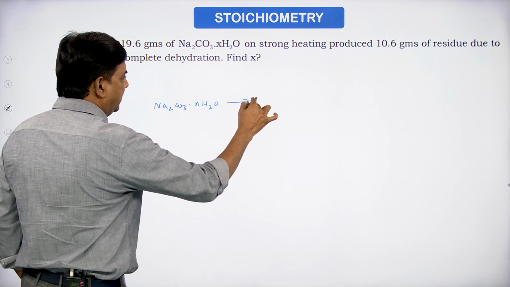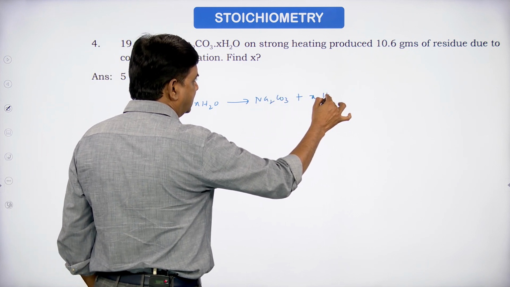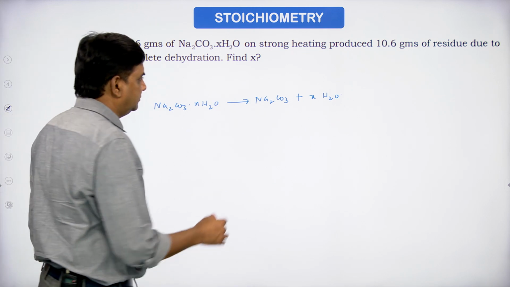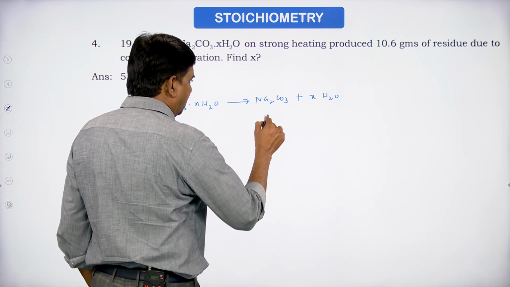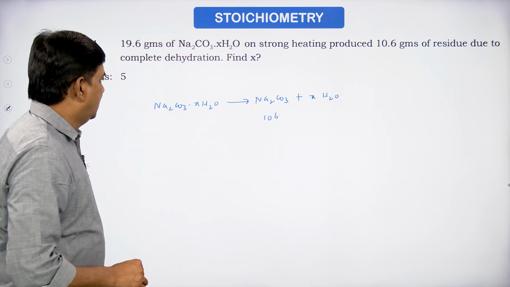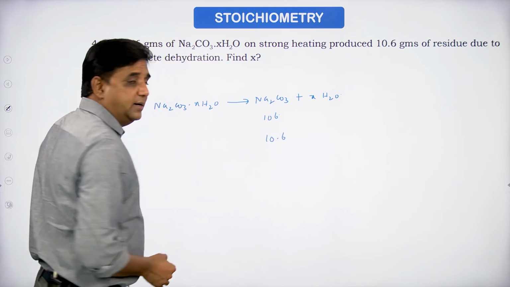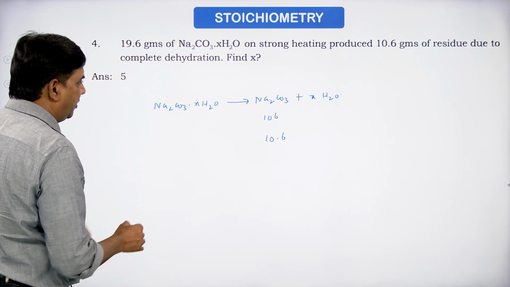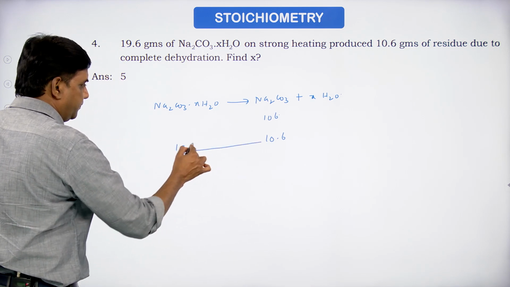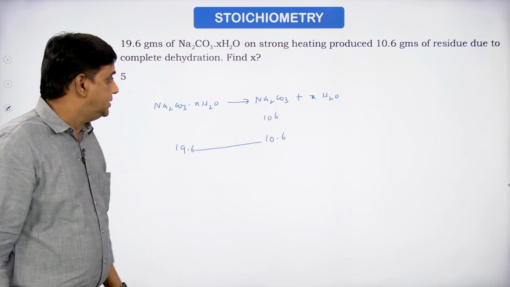Na2CO3 XH2O gives Na2CO3 plus XH2O. Okay. And this molecular mass is 106. And what is the mass we obtained? 10.6. 10.6 is given by how many grams? 19.6 grams. 10.6 grams of Na2CO3 is given by 19.6.